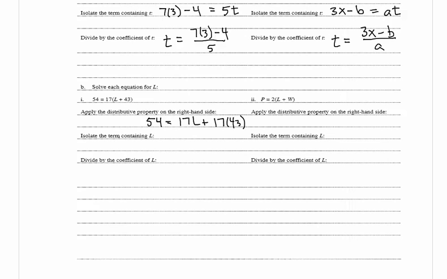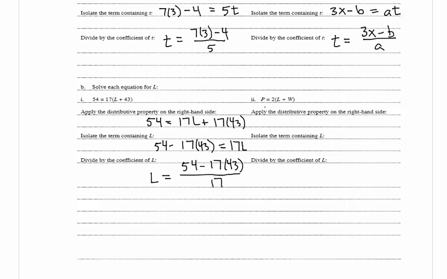And we want to isolate the term containing the L, so we're going to subtract 17 times 43 from both sides, and we get 54 minus 17 times 43 is equal to 17L. And now we want to divide by the coefficient of L. So we're going to divide both sides by 17, and so L is equal to 54 minus 17 times 43 divided by 17.